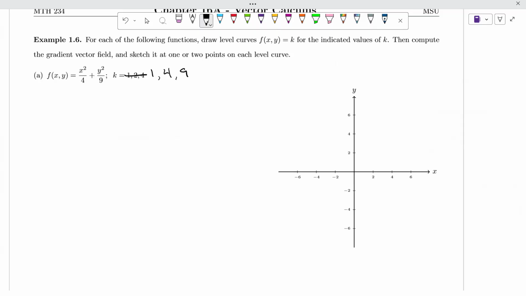So what do I want to do here? I've got my function. It's x squared over 4 plus y squared over 9.